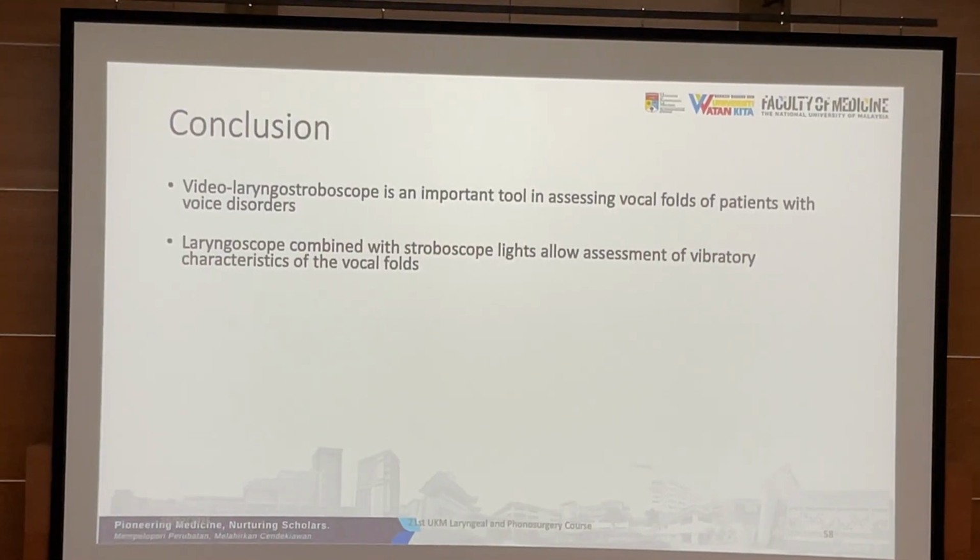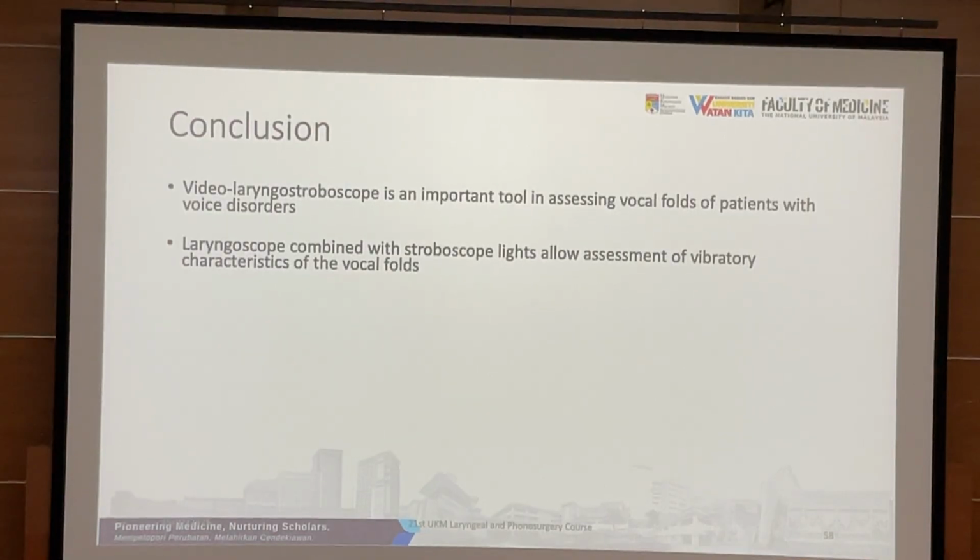And what is stroboscope? It is when laryngoscope is combined with stroboscope, with flashes of light emitted on the phonating vocal fold so that you can visualize the vibration.